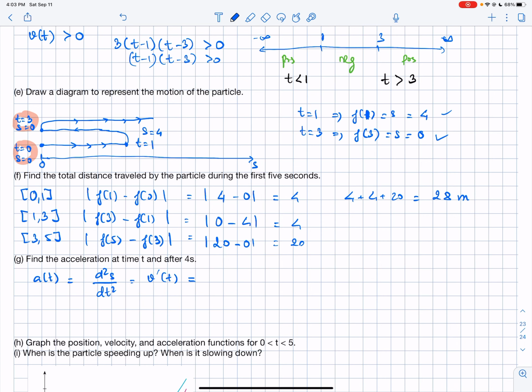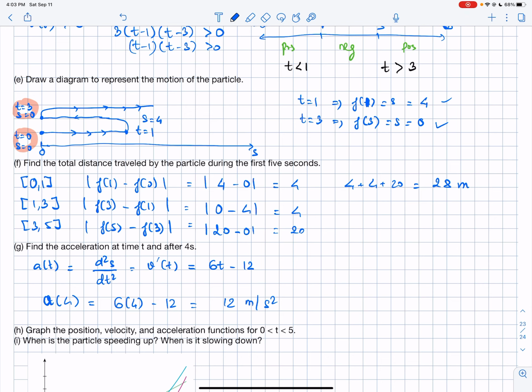So we will get 6t minus 12. We take the first derivative of the velocity, okay? And we evaluate the acceleration at 4. And we get 6 times 4 minus 12. And the answer is 12 meters per second squared.